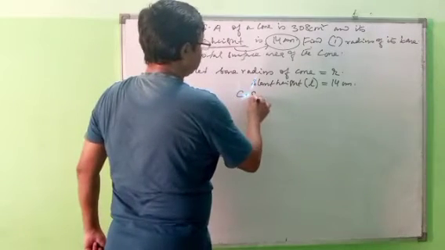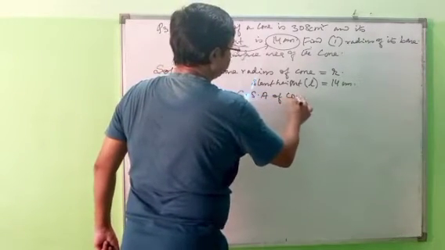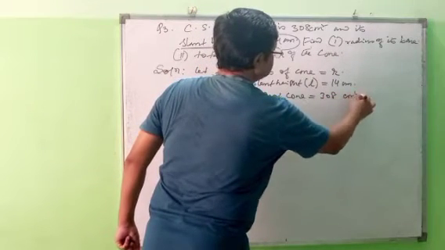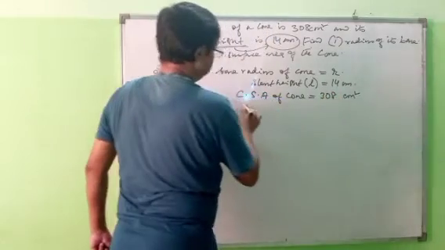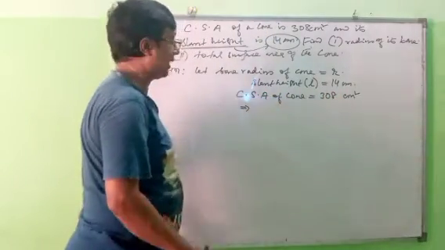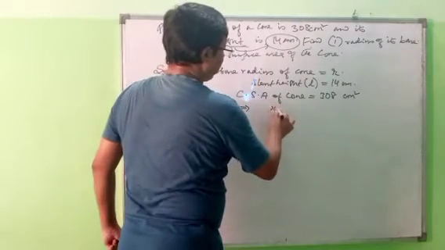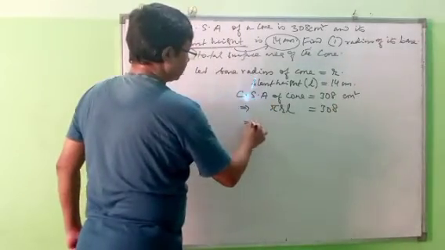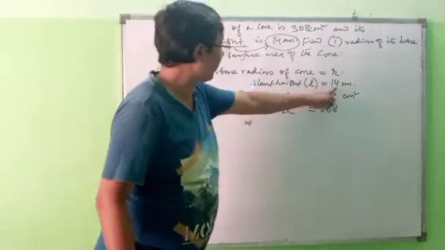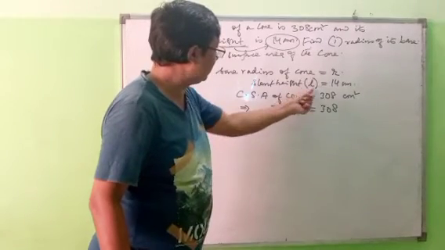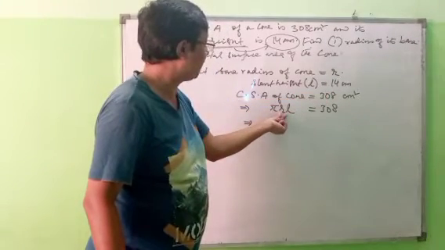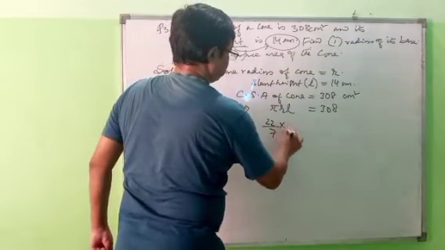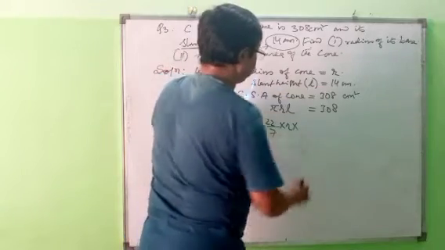Now this curved surface area is given by the formula pi r L equals 308. Here they have given the value of L. So by putting in the value of L, you are going to get the value of R, which is the radius of the base. So here L is given as 40.